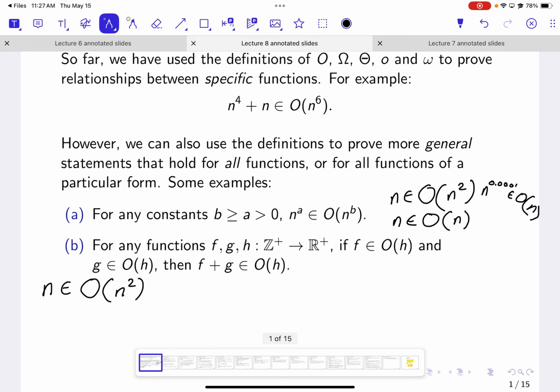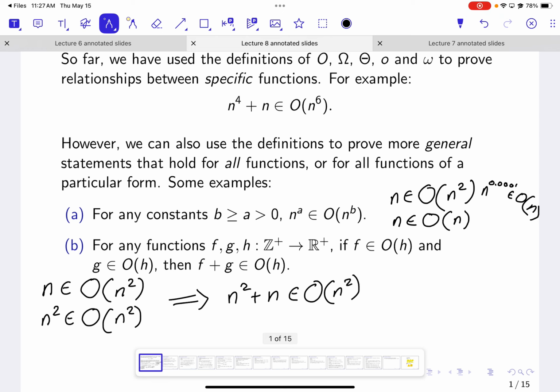So n is in big O of n squared as before. n squared is in big O of itself. Remember, big O is like less than or equal to. And those two facts you can use together with fact B to say something like n squared plus n is in big O of n squared.